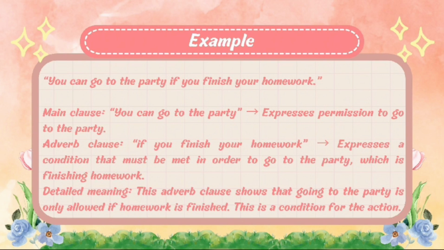This clause expresses a condition that must be met in order to go to the party, which is finishing homework. This adverb clause shows that going to the party is only allowed if homework is finished. This is a condition for the action.